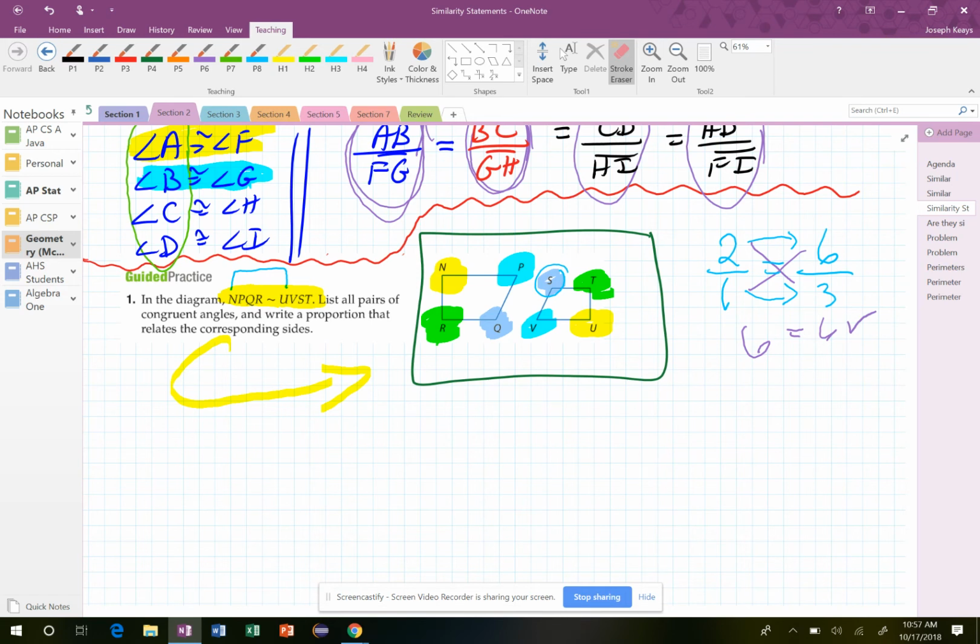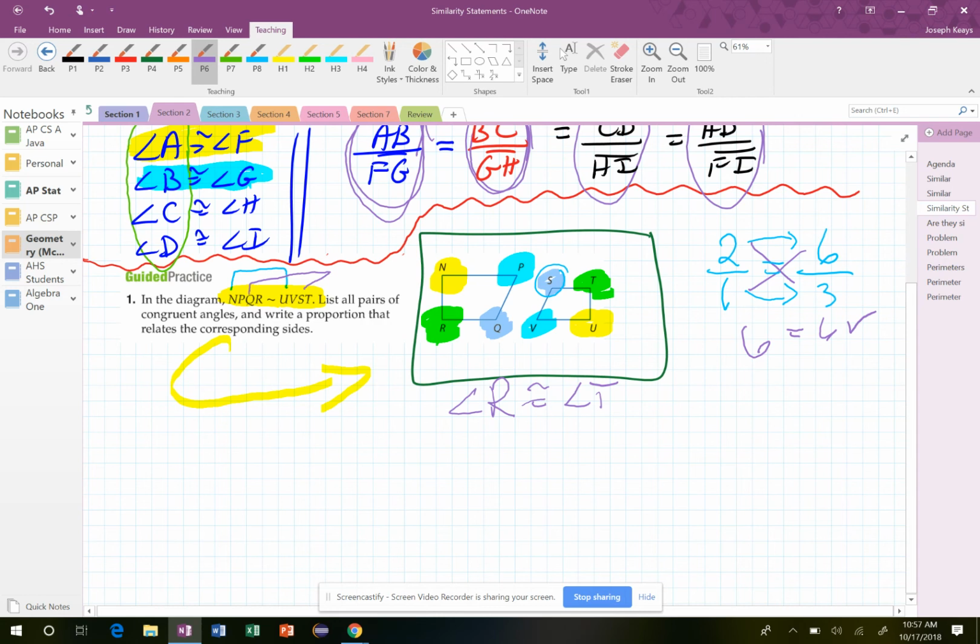It's going to get crazy with the pictures, and using color is a great strategy. The next two letters are Q and S, so I've color-coded them. Those two angles are congruent. The last set of angles are R and T, the same color, so I know angle R is congruent to angle T.